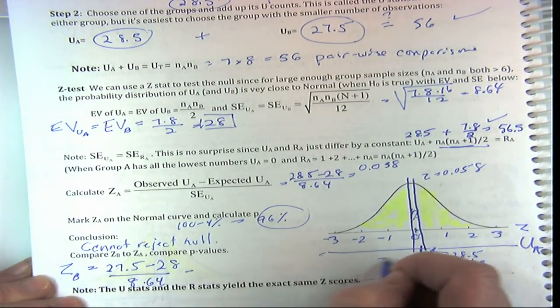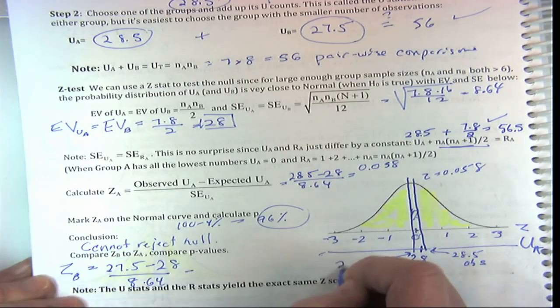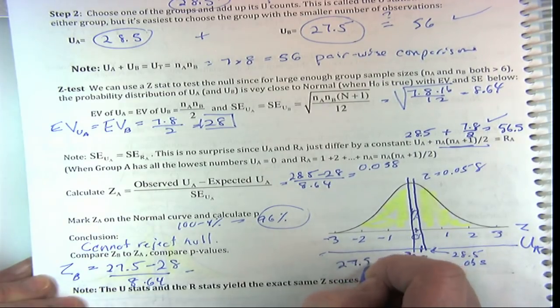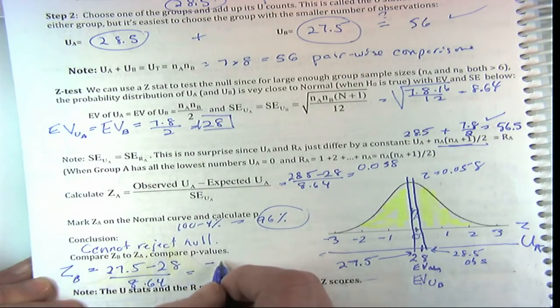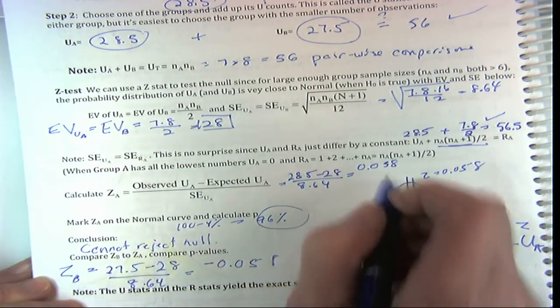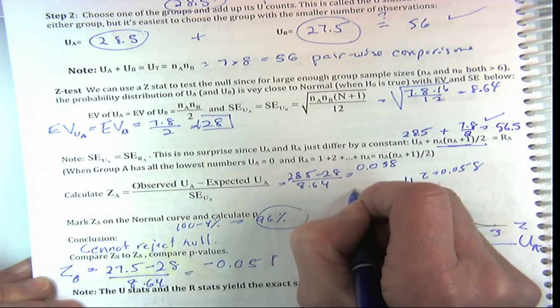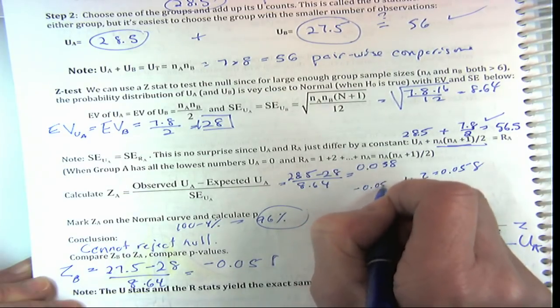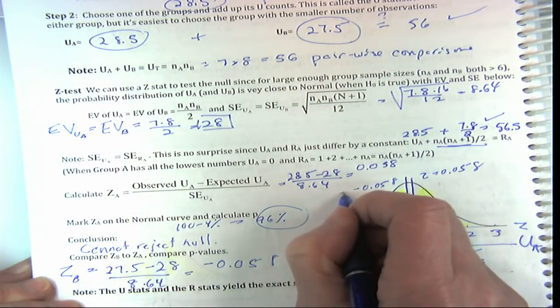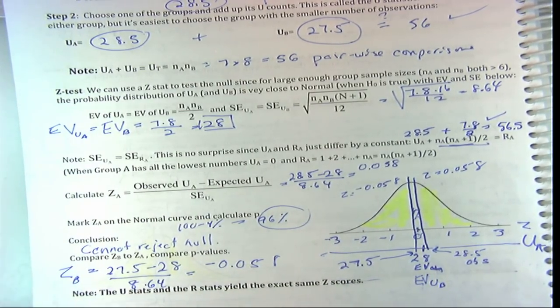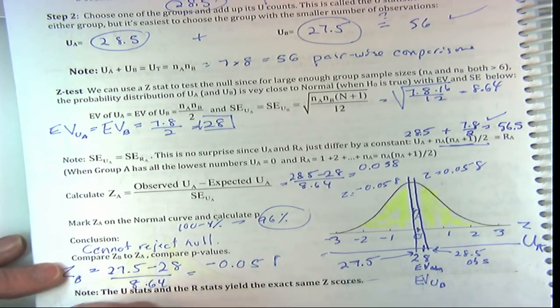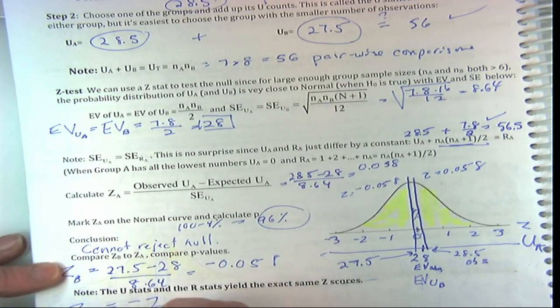So it's this one, 27.5, and we get a negative 0.058, so it's right here, negative 0.058. So it's the same thing. Okay? So they yield exactly the same result. ZA is equal to the opposite of ZB again, and the same p-values.